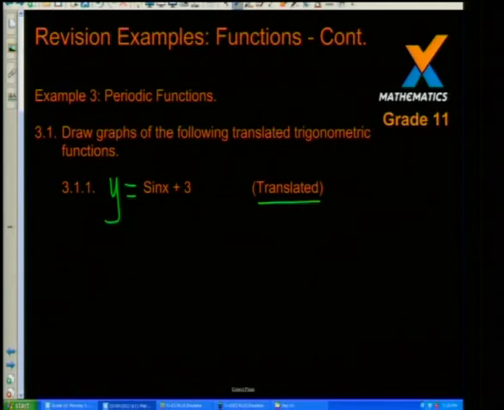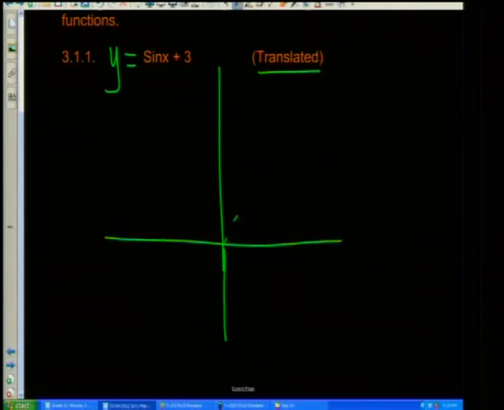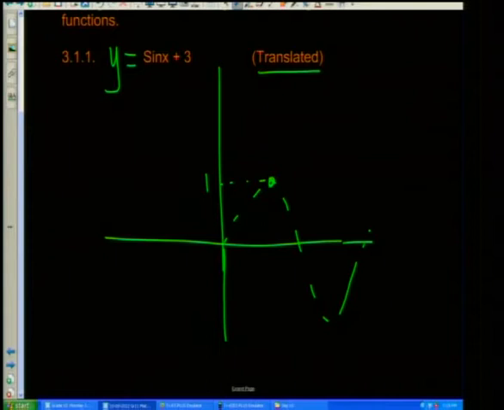is that your original function, which was like that, has been shifted. If this was 1 unit there, it will have to be increased by 3 units, and it will end up at 4 units.